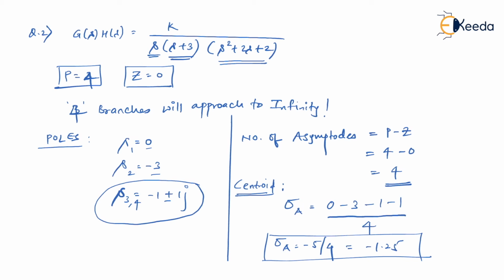So you know that the centroid is the point present on the real axis from which we draw these angles of asymptotes. After that, we calculate the angle of asymptotes also. Let me tell you, my intention is not to solve this problem in detail, but to draw the rough structure so that you get the complete idea. Because ultimately, in a competitive exam like GATE, you don't have to apply the conventional method to solve the complete root locus.